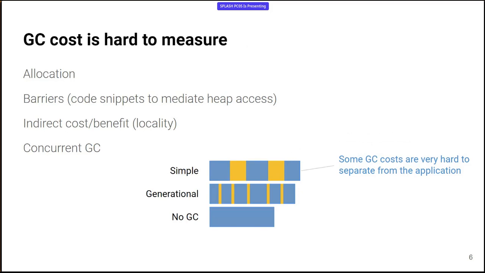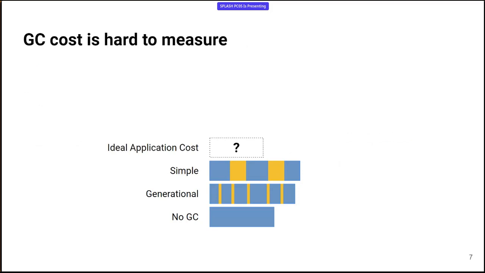Okay, that's not adequate for this, right? And starting and stopping a stopwatch is more or less the state of the art in GC evaluation before this work. So, as I hinted before, it'd be really nice if we had this ideal application cost, where the ideal application was running with a magical perfect GC, which had no costs and did all the locality stuff that a really good GC would do.